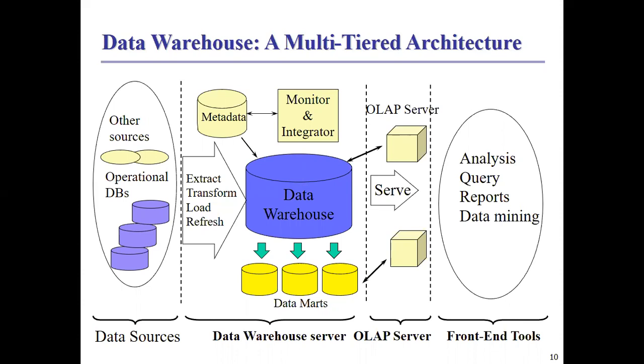Then we can divide the data warehouse into three different models based on the architecture, which I'm going to discuss. Then I'm going to tell you how you can gradually implement the multi-tier data warehouse system for your company, for your job.